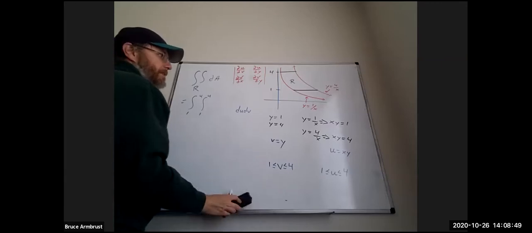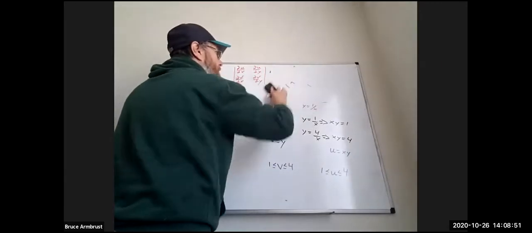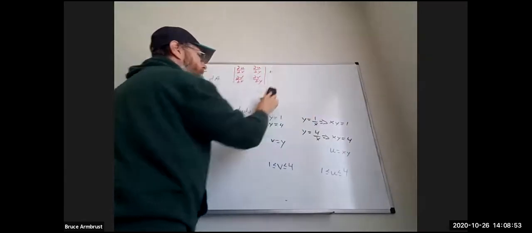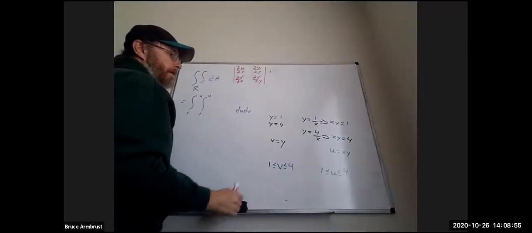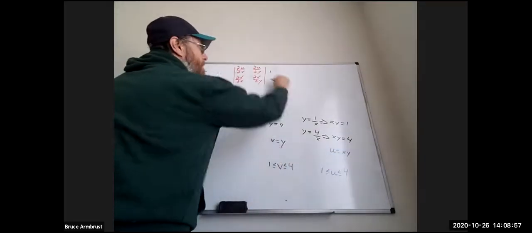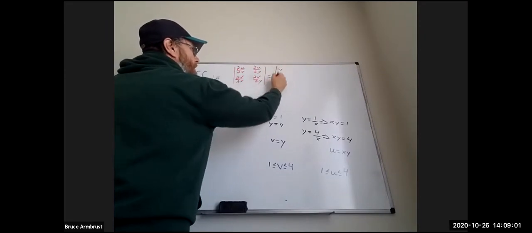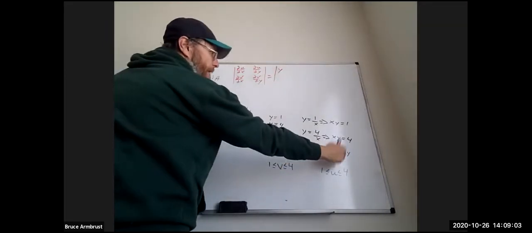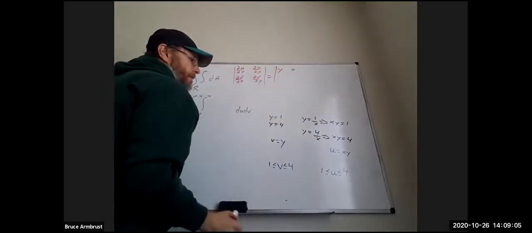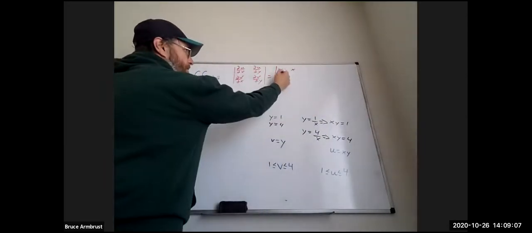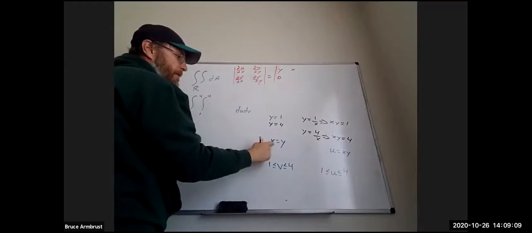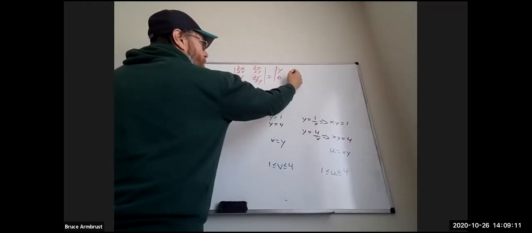Let's see what that's going to look like. All right, so du dx, that's just y. Du dy is x. dv dx is 0. dv dy is 1.